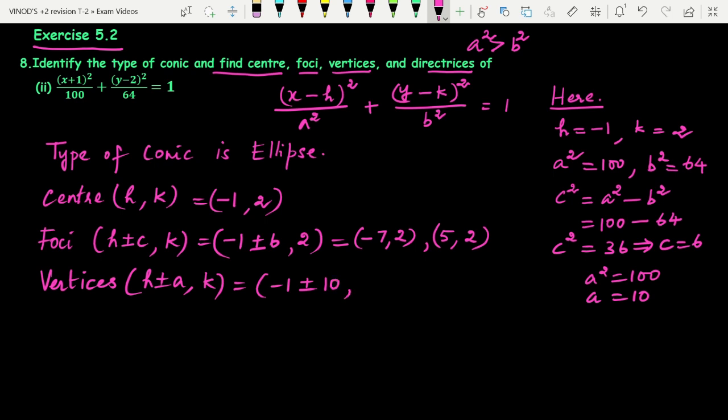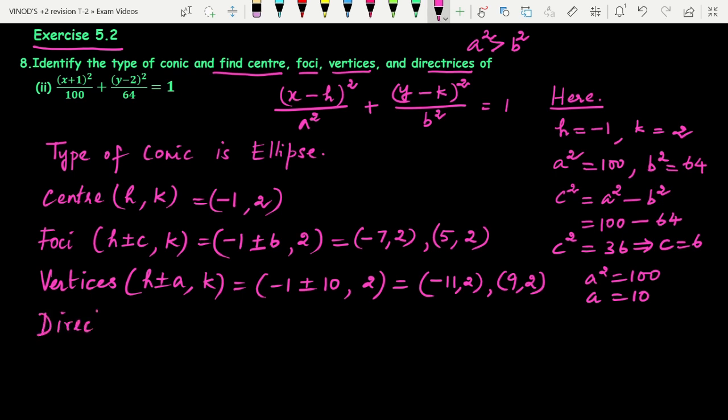So −1 ± 10, comma k value is 2. So the two vertices are: minus 1 added with minus 10 is minus 11, so (−11, 2), and minus 1 added with plus 10 is 9, so (9, 2). So the two vertices are (−11, 2) and (9, 2).